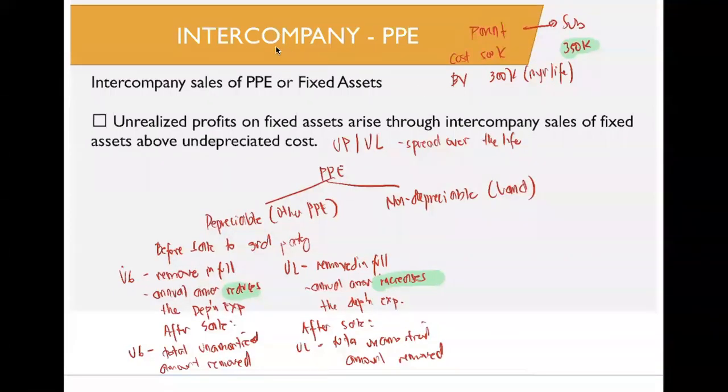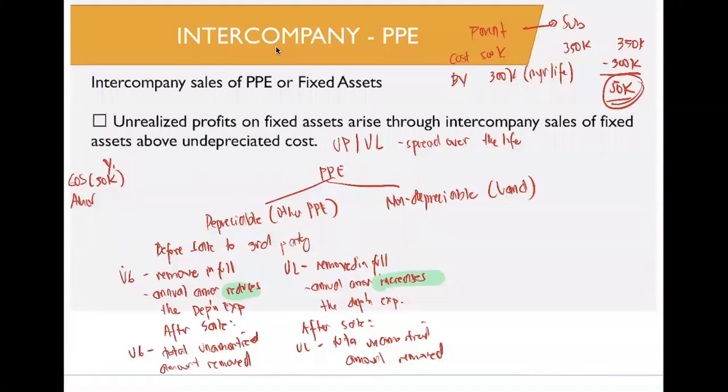To remove it, we remove the total gain on sale. How much is the gain on sale? 350,000 less 300,000 is 50,000 pesos. So remove it in full in year 1. Next, the annual amortization reduces the depreciation expense.